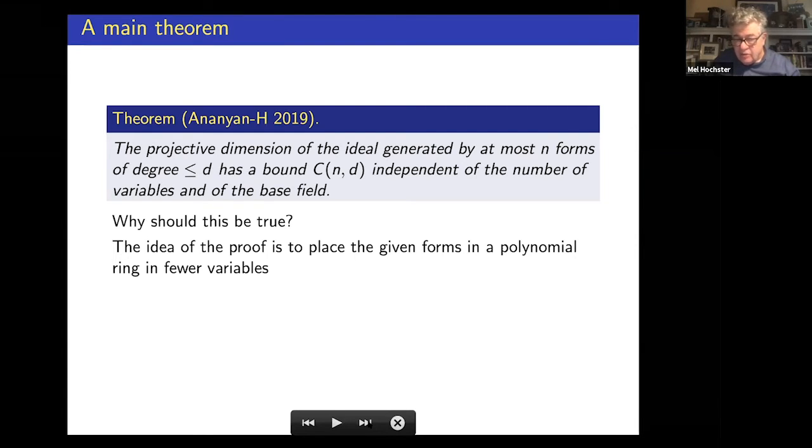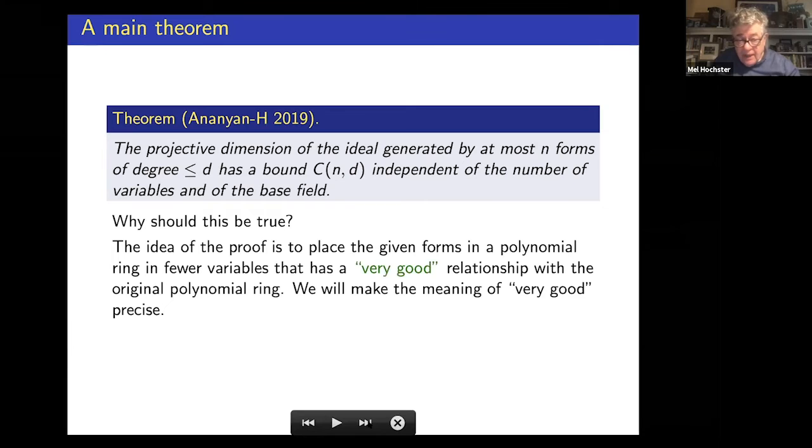So the idea is you can put the forms into a polynomial ring in fewer variables. But they can't just be algebraically dependent. You need to prove something very good about these new variables, so to speak. And I'll talk about what very good means in this context.